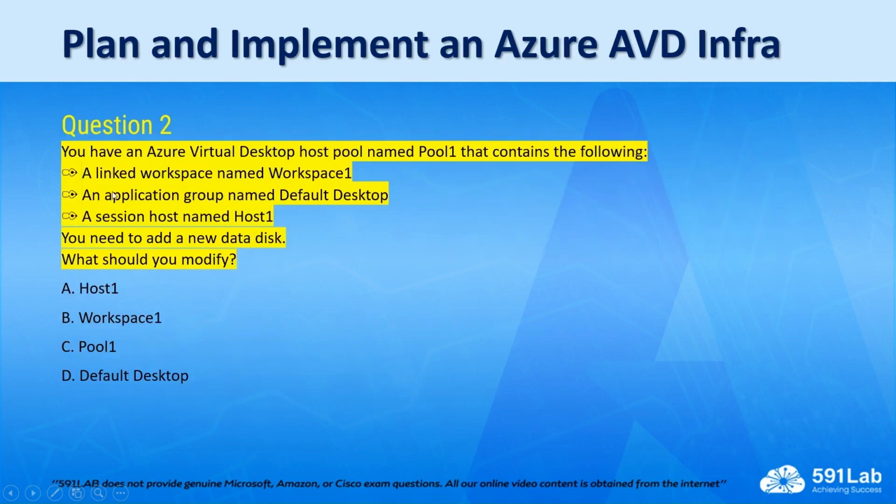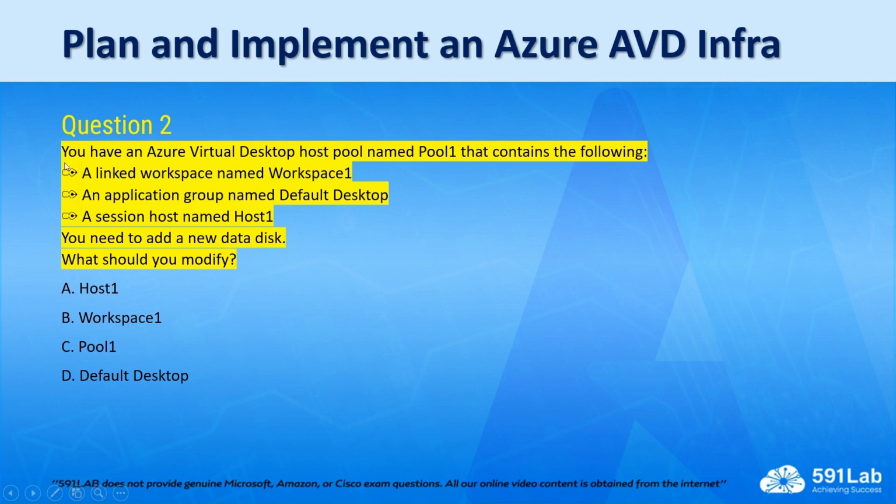So question 2. You have an Azure Virtual Desktop host pool named pool 1 that contains the following: a linked workspace named workspace 1, an application group named default desktop, and a session host named host 1. You need to add a new data disk. What should you modify?